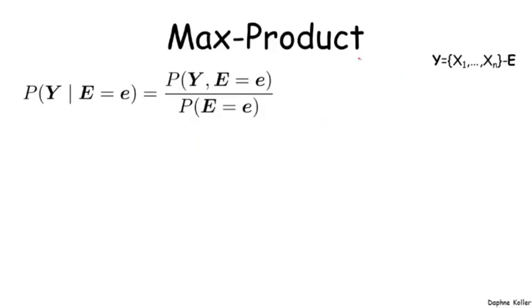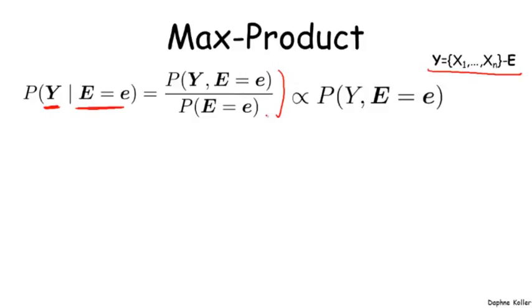Let's break down the max product problem. So imagine that in the more general case, we have a probability over Y given E equals little e, and let's remind ourselves that Y is the set of all variables other than the ones in E. By the definition of conditional probability, we have this ratio, where we're trying to find the Y that maximizes this ratio.